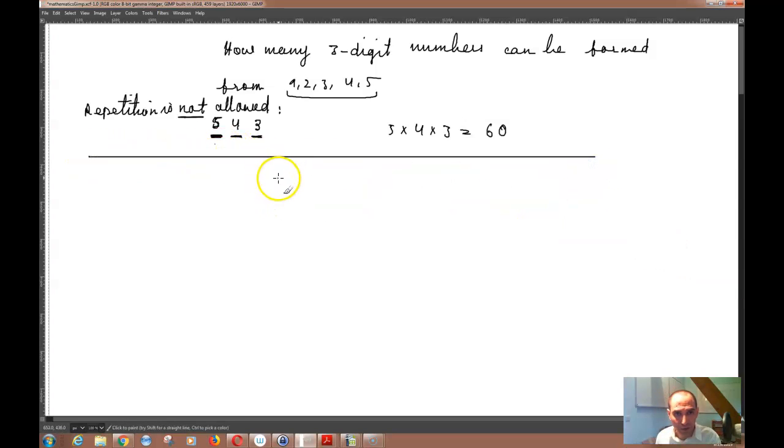Now, the second part of this question: again, you have the same digits here, 1, 2, 3, 4, and 5, and you want to make 3-digit numbers from these digits, and we know that this time repetition is allowed.